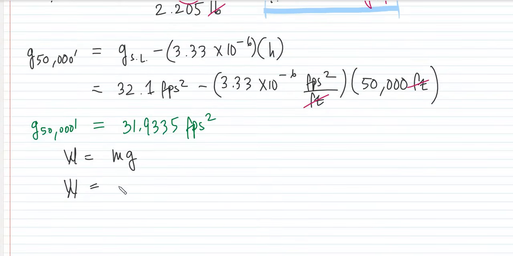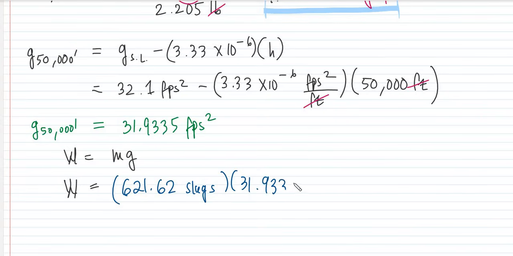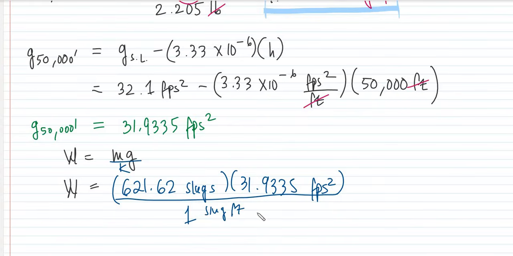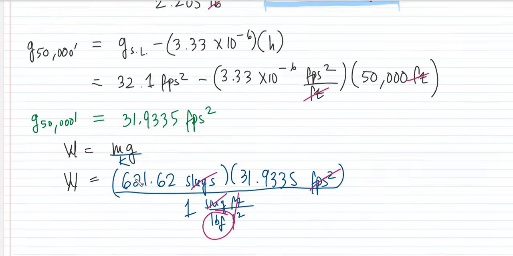So 621.62 slug times G, 31.9335 feet per second square, over K. K is simply 1 slug feet over pound force second square. Okay? So feet per second square cancels out, slug cancels out, and the final unit is in pound force.